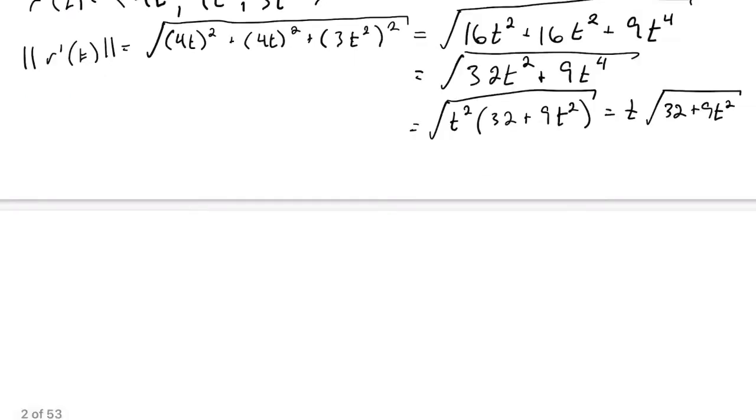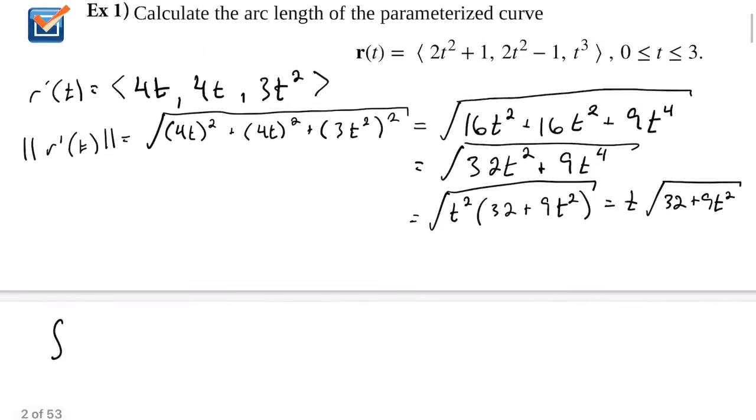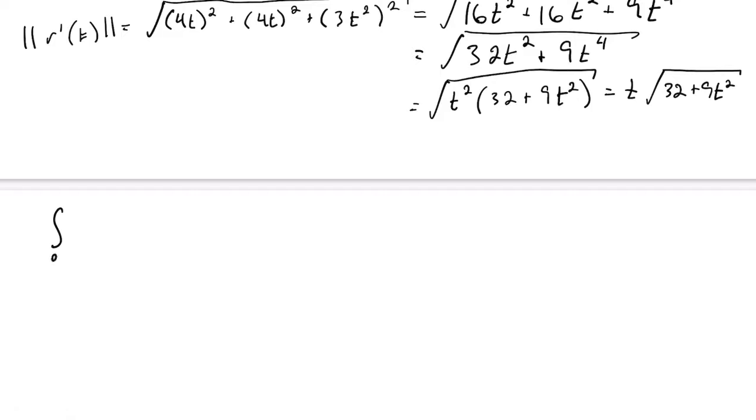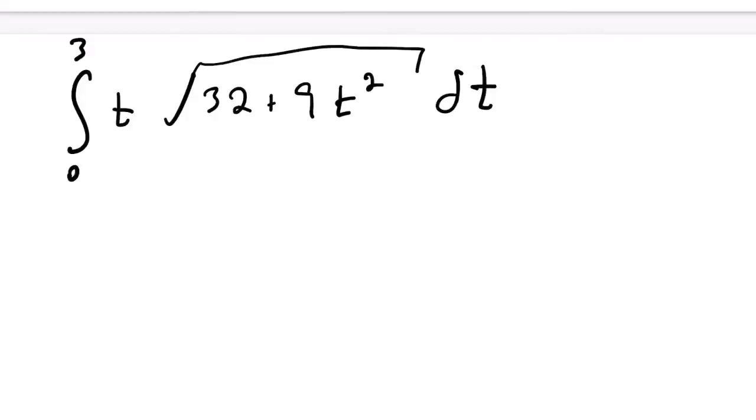Finally, we can find the integral from 0 to 3 of our magnitude of the derivative. So that would be t radical 32 plus 9t squared dt.